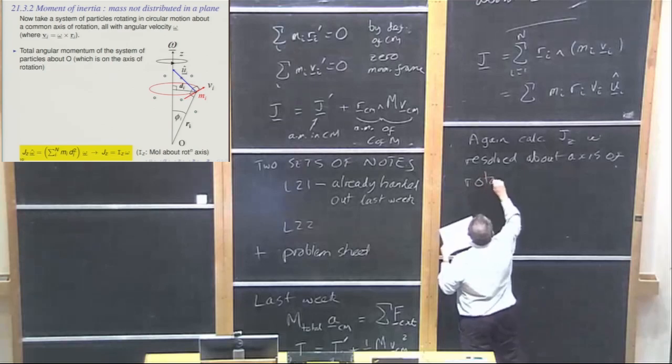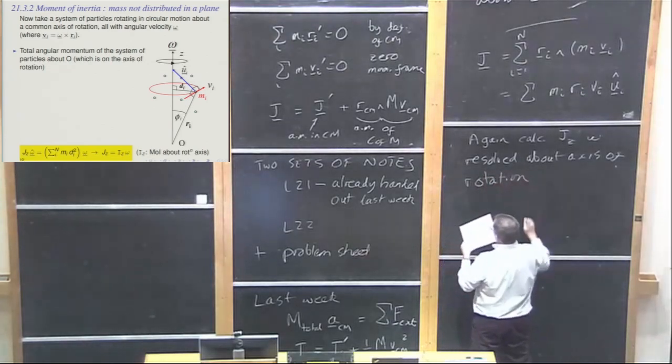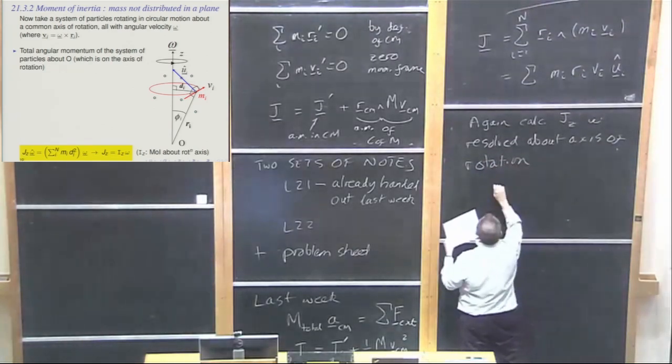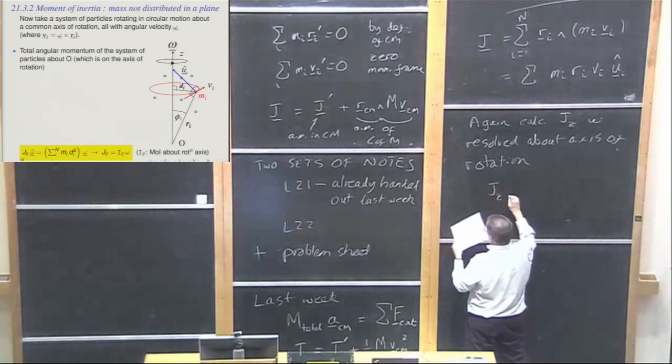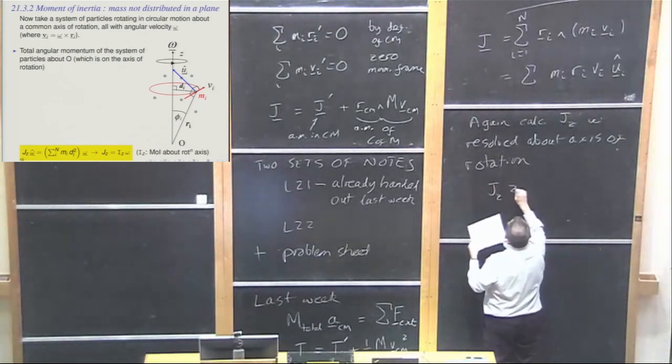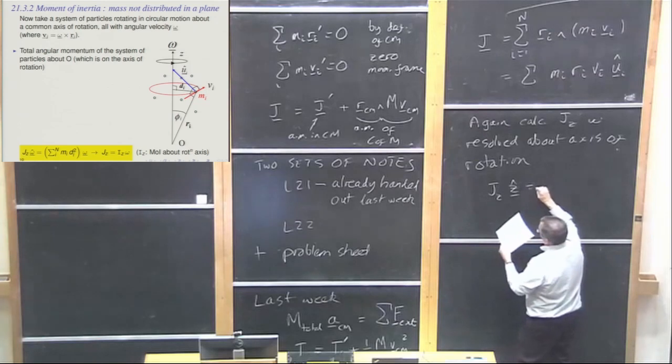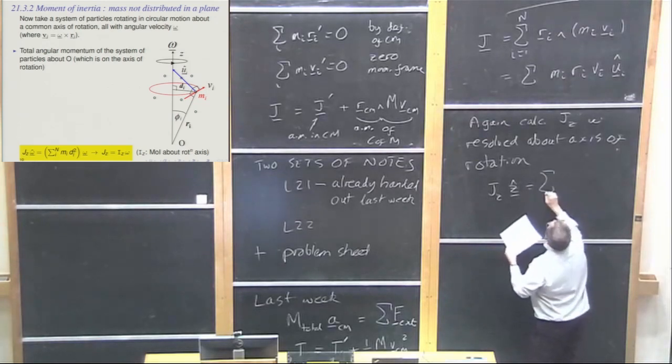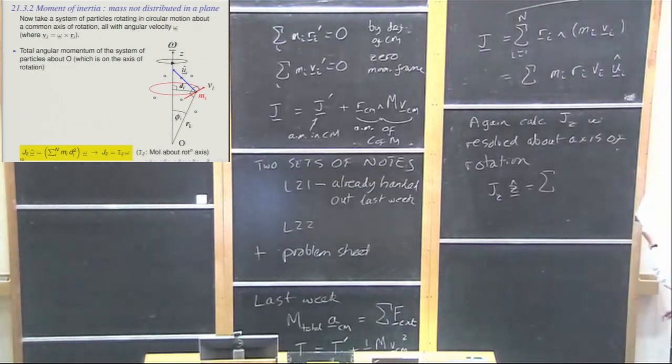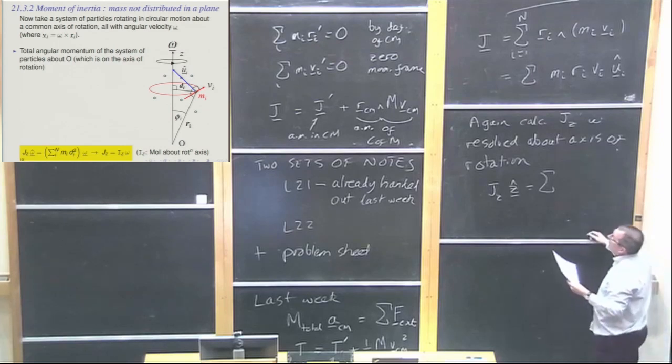Then we have a Jz in the z direction, and that's going to be this sum, but for each contribution we're going to pick out a sine of this angle phi i.